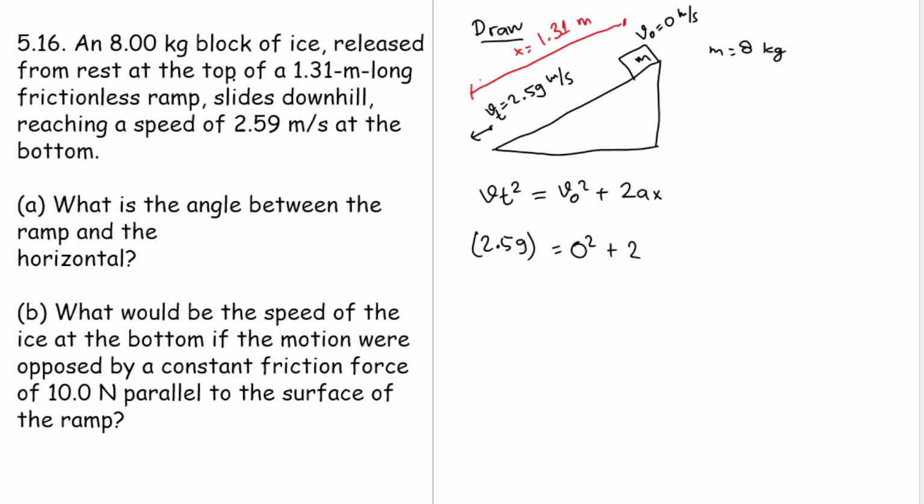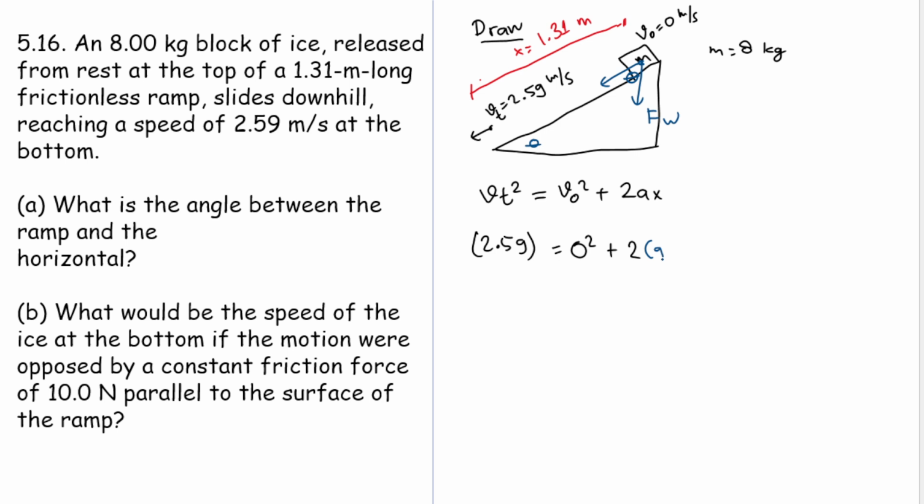Now the acceleration here: because we don't push any force, the only force that works on this ice is its weight, right? If we have the angle theta, the acceleration is g, but the direction is g sine theta.